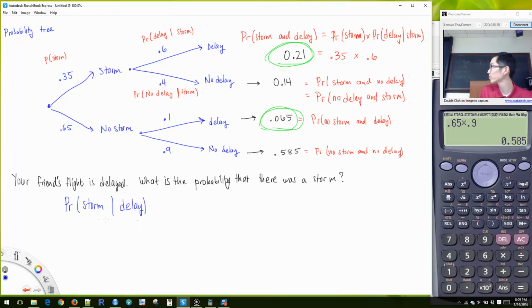Is this okay in terms of interpreting this question? What is the probability that there was a storm, given the fact that our flight was delayed? Okay, all right, how can we answer this?